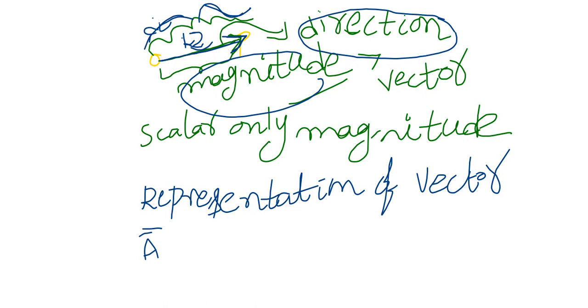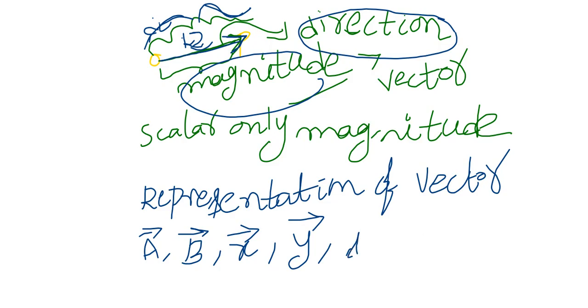A bar means A is a vector. B bar, X bar, Y bar, I bar. This is the notation of the vector.